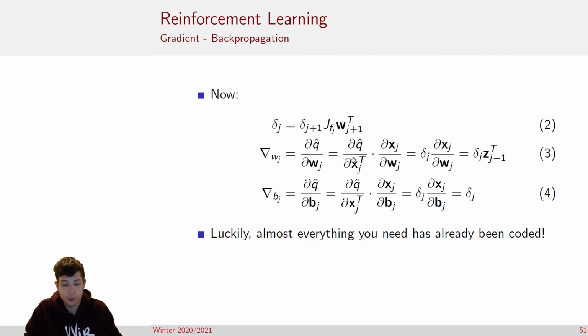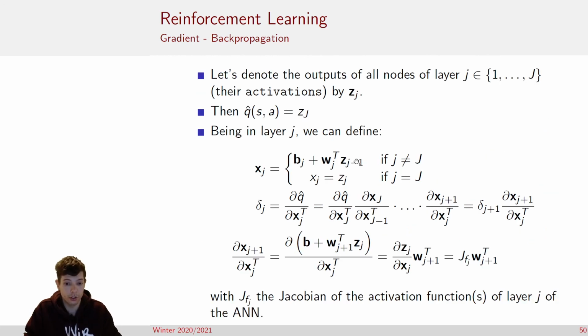This term on the left, we defined as delta j. The derivative of x j with respect to w j is nothing else than the output of the previous layer. That also follows from this definition. So the derivative of this with respect to the w's is just the output of the previous layer.